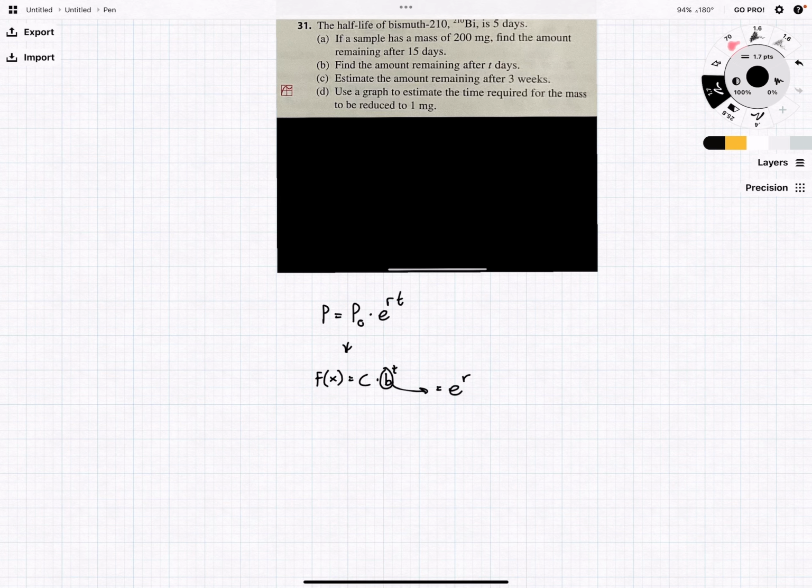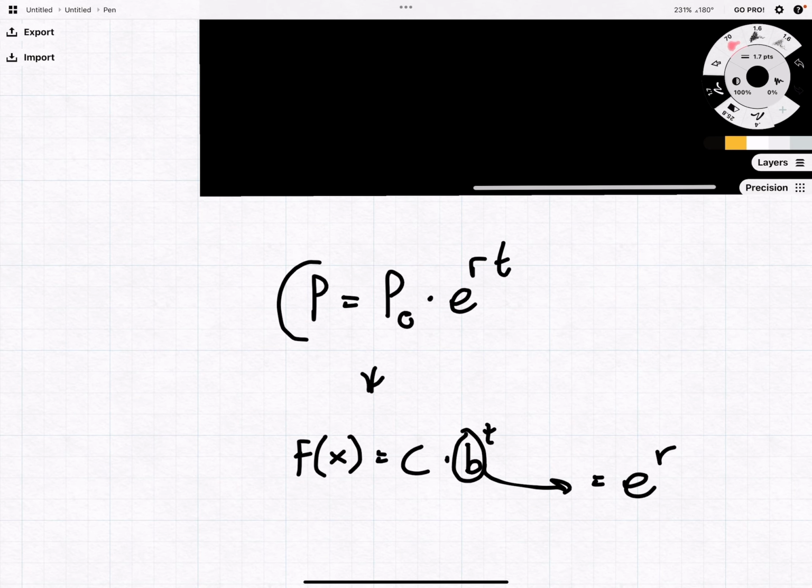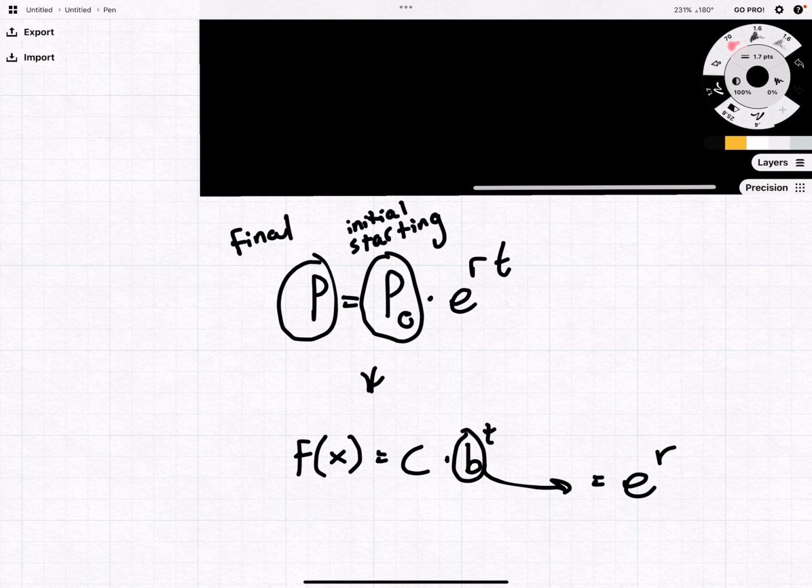So we're going to use this, and I'll show you what all of these variables mean. P, right here, is final. P sub 0 is initial. That's your starting amount. E is just the number e. R is a rate, some constant rate.